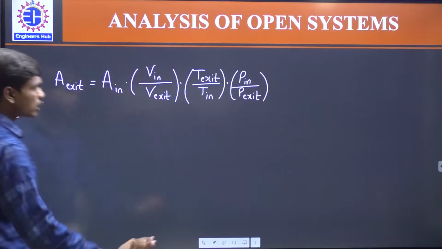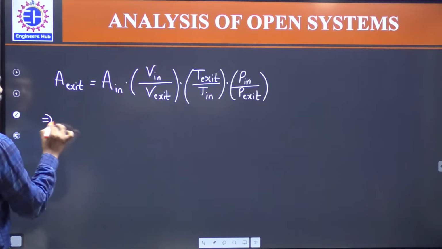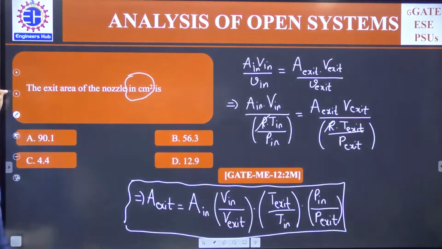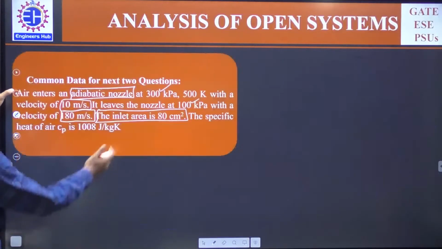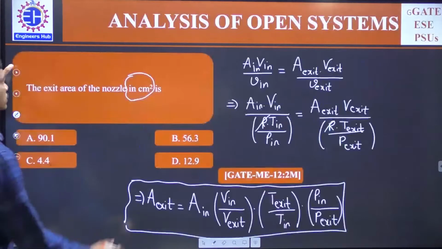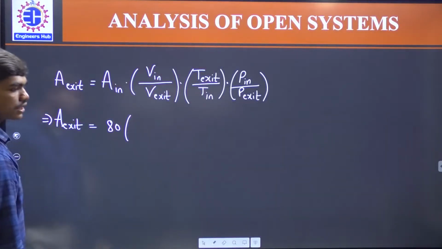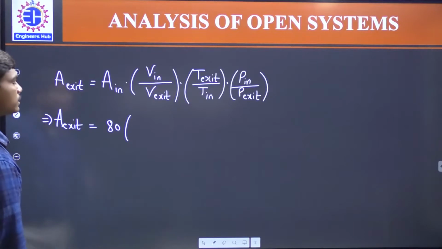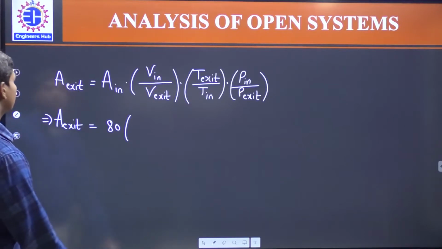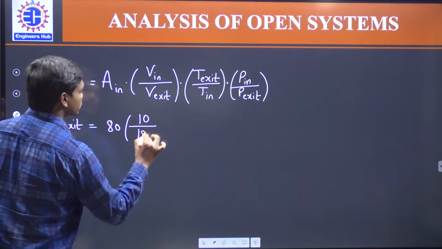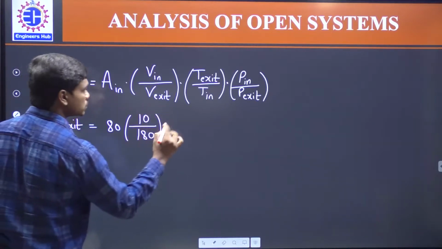So now you have all the values. A inlet is given in the data as 80 centimeter square. So 80 into 12.96. V inlet is given as 10 and V exit is 180 meters per second. Both are in meters per second, so no issues.